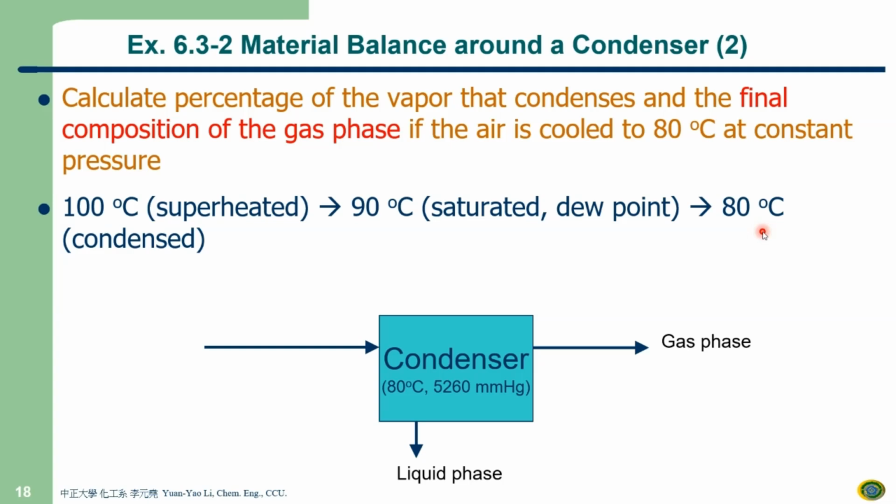So if you want to draw a flow chart, and you think this is a continuous process, in that case, you have a condenser. This condenser, the temperature is 80 Celsius, and the pressure is 5,260 millimeter mercury.